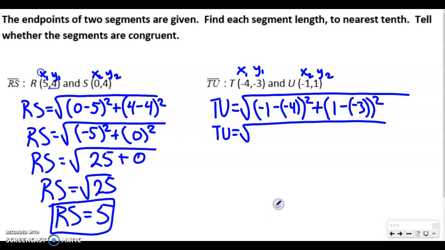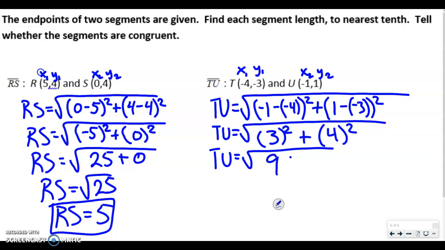So negative 1 minus negative 4 becomes negative 1 plus 4, which gives us 3. And then 1 minus negative 3 becomes 1 plus 3, which gives us 4. Square each of those. We get 9 plus 16. 9 plus 16 is 25.